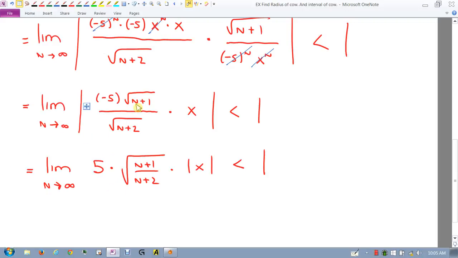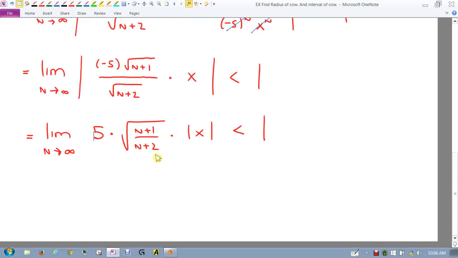And this over this is always a positive number, so I don't care about the absolute value around that. And when you have a fraction that has root on top and bottom, you can turn it into one fraction and put the root over the whole thing. I like this because right here I get infinity over infinity, and then I can do L'Hopital one time, on the inside of the root. And then what would you get in there? You get 1, and then you have a 5 on the outside, don't you? So by L'Hopital, I take the limit now. The limit is gone now, isn't it? I'm going to have a 5 times 1 times absolute value of x less than 1.